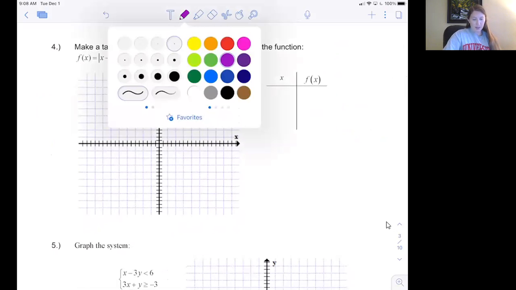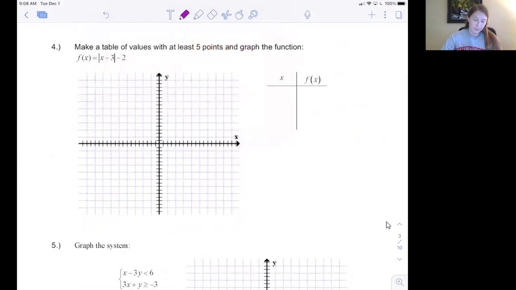So this right here wants us to graph this function. It says make a table of values with at least 5 points and graph the function. So when it specifically wants you to make a graph, make a table, that's what I would do to graph this. So it says we need at least 5 points, so at least 5 x values.